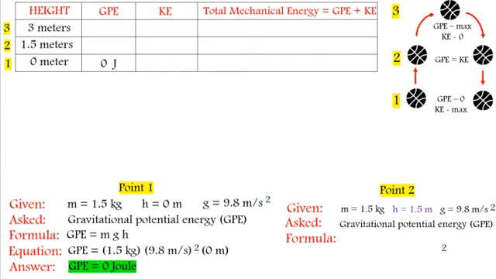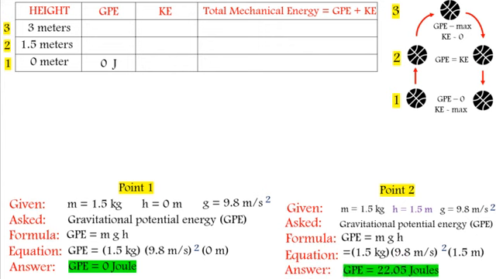And then we are going to use the same formula and substitute the values. Our mass is 1.5, the gravity is 9.8 meters per second squared, and the height here is equal to 1.5 meters at point 2. So multiply the three quantities, 1.5, 9.8, and 1.5. And the answer is 22.05 joules. So meaning at point 2, the GPE is equal to 22.05 joules.